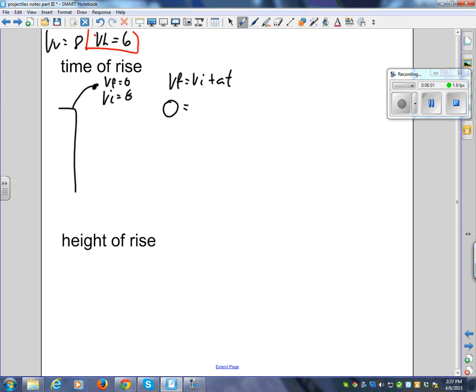What's the initial for this? 8 plus minus 9.8 times t. And so t is 8 divided by 9.8. That 8 actually is negative, right? Goes to the other side. Well, let's deal with this one first. Don't get ahead of the game here. I get 0.82 seconds.